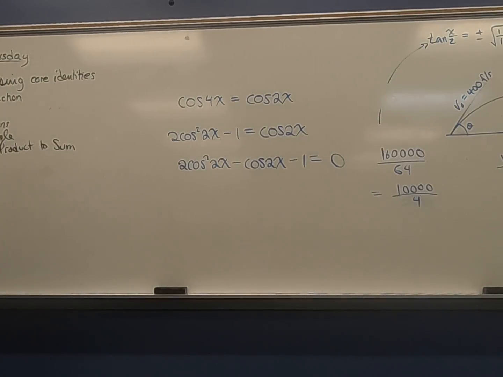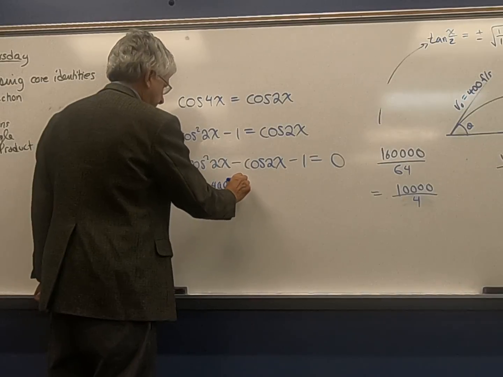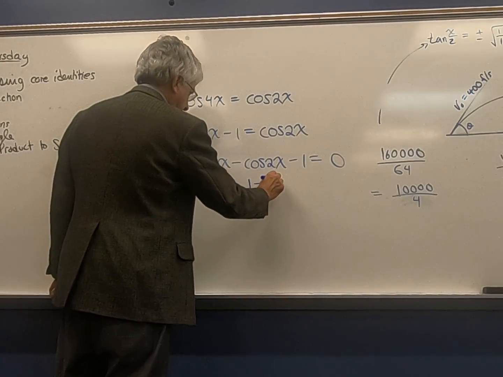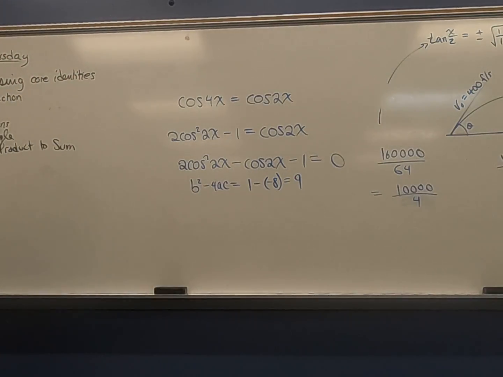Now what? Factor. Can I factor? Well, what's the discriminant here? B squared minus 4ac is the discriminant in general. In this case, that'll be 1 minus negative 8, which is 9. What does it mean that the discriminant is a perfect square?